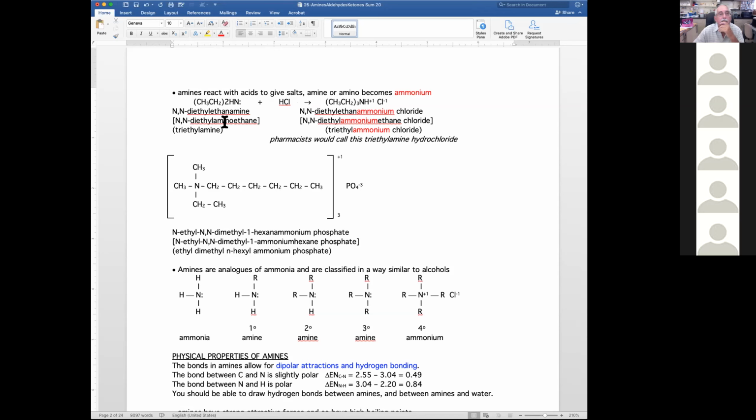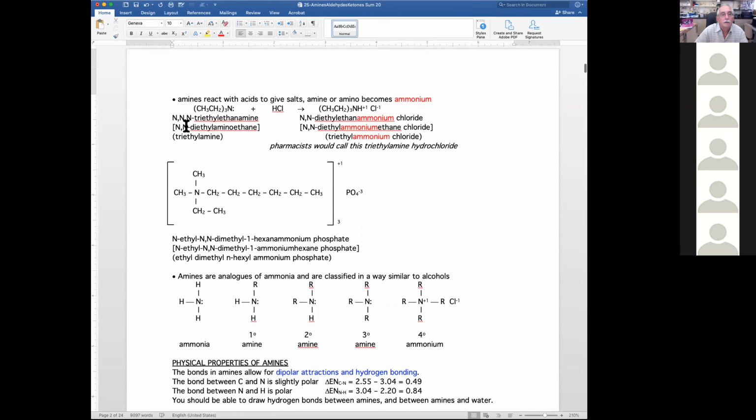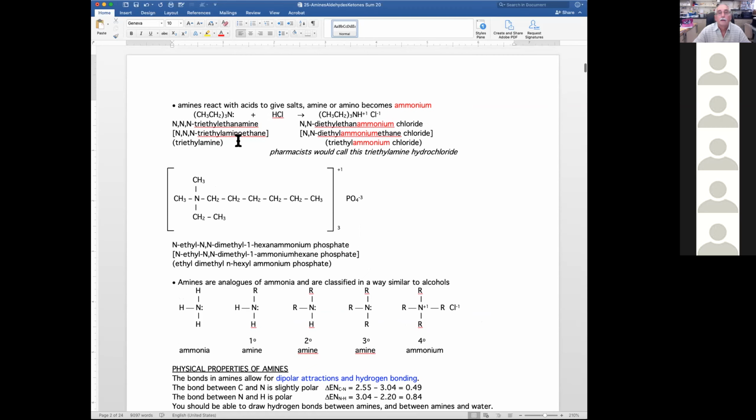Maybe I should just change the name. Sorry. You see how the naming system makes it so that you can actually see these things? Yeah, okay, that's better now.